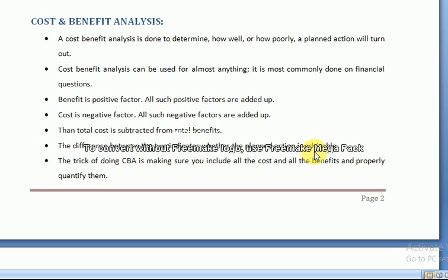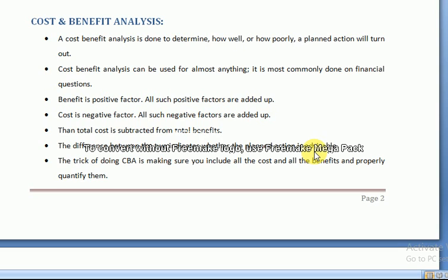It is commonly done on financial questions. For example, we used old machinery and now we want to replace it with new automatic machinery.